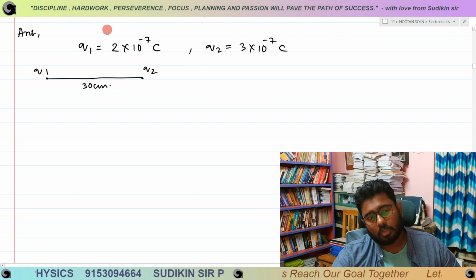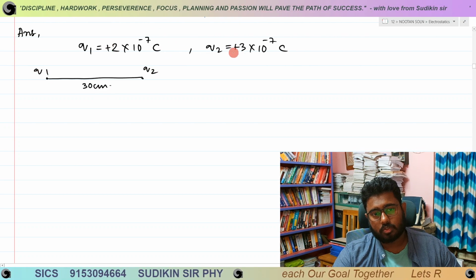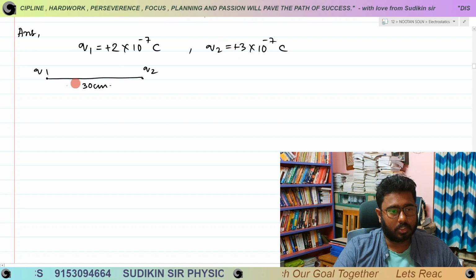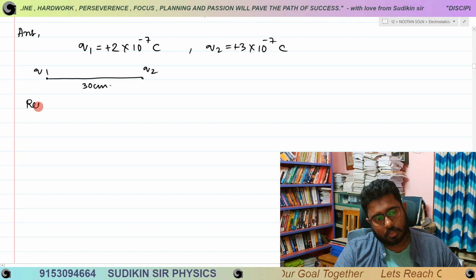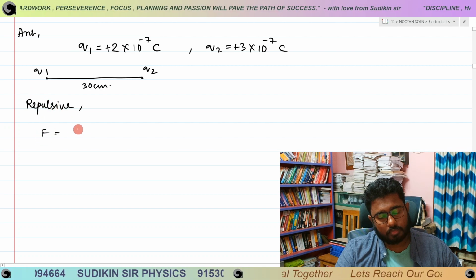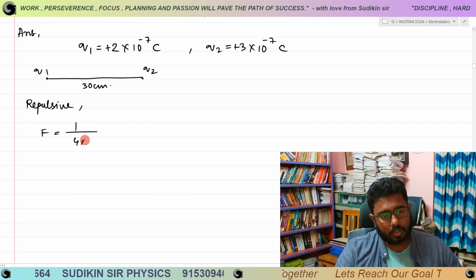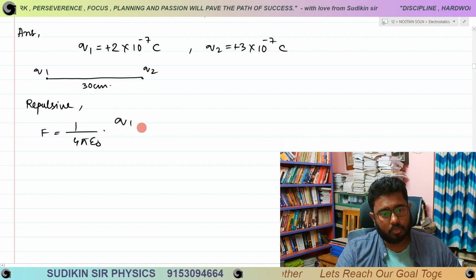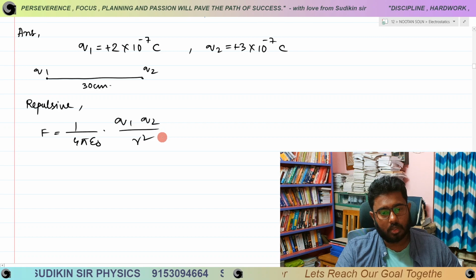Both of the charges are positive, so the force that will act will be repulsive in nature. The value of force from Coulomb's law is 1 by 4 pi epsilon naught q1 q2 by r square.